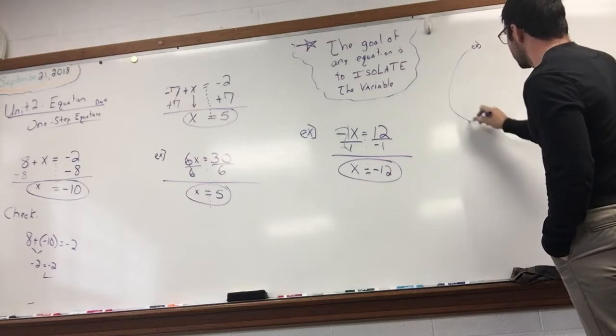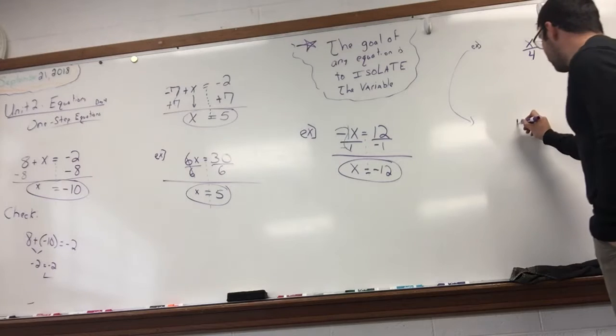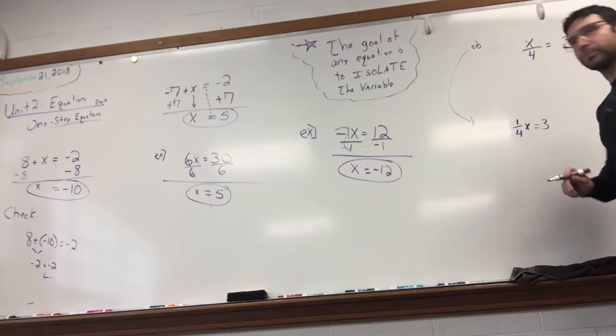And I'm going to draw 2 of them. How many x's do I have right there? I don't have 1x. And this is not 4 either. Very good. I have 1/4 of an x equals 3.